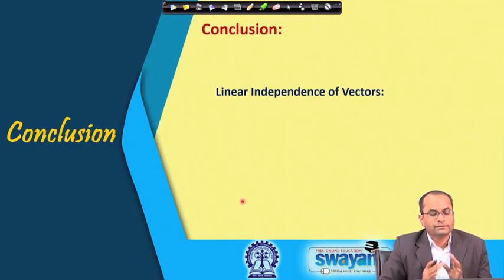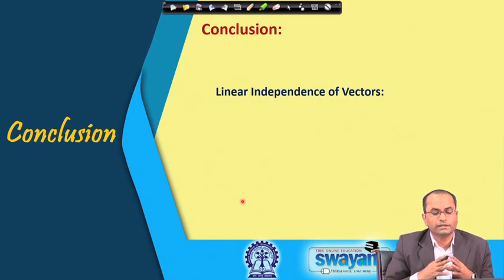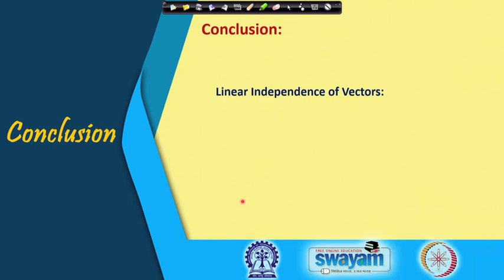So, what we have learned today is about the linear independence of vectors. This is again a very important topic while considering vector spaces, which we will continue in the next lecture. What was important is the linear combination of the vectors: lambda 1 v 1 plus lambda 2 v 2 plus lambda n v n is equal to 0.